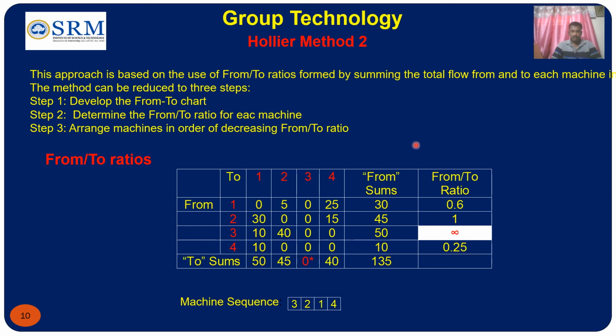The value 0.6 is the third highest, so we place machine 1 third, and 0.25 is last in the sequence. We get 3, 2, 1, 4 in the sequence. This is a very simple method. After creating the sequence, we have to follow the other procedures: assign the moves, in-sequence moves, backtracking moves, etc., as we did in the previous case, using the Hollier method 2.